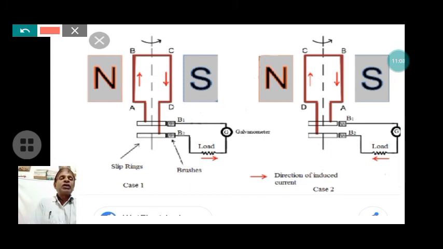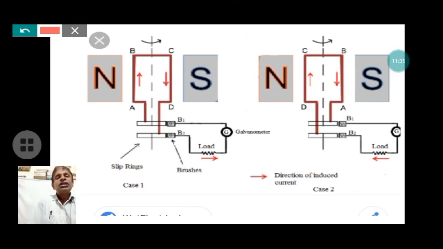Now current is produced in the CD arm. The CD arm contacts the brush B2, and the current ends at B1. In this case, after half rotation, the current is produced from B1 to B2.